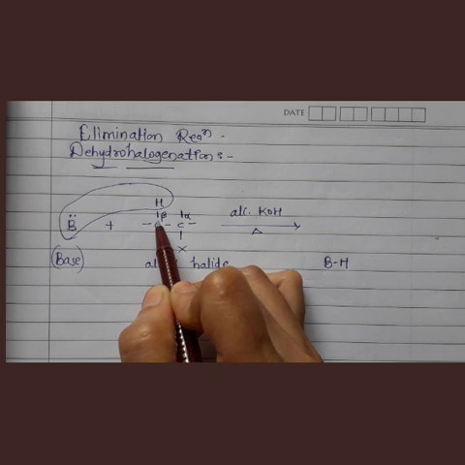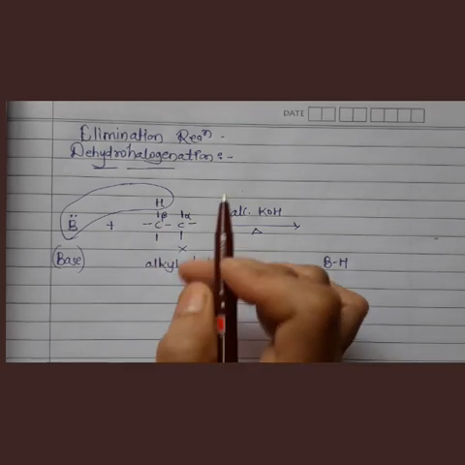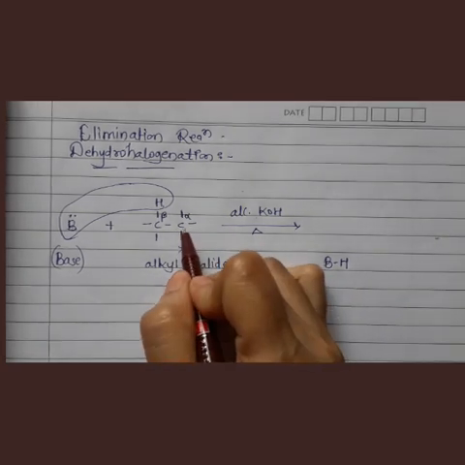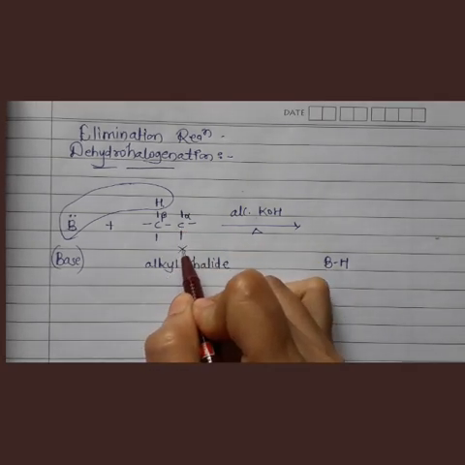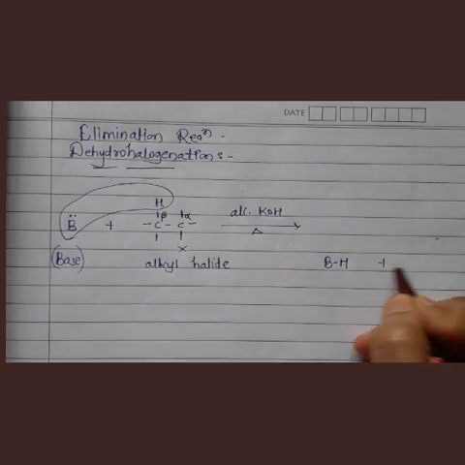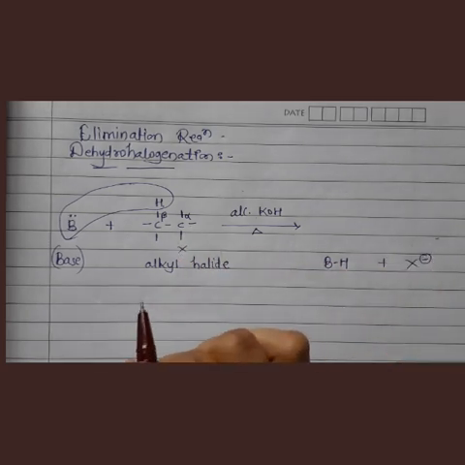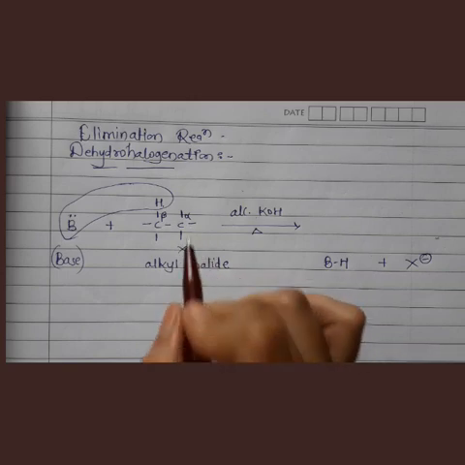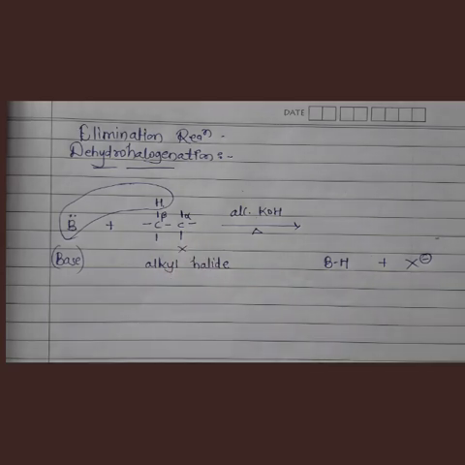So carbon has one electron, not a pair of electrons. Then on this carbon atom, the halogen will also be eliminated in the form of halide ion. This halogen also will take its electron along with it and it will get eliminated. So it has also gone.